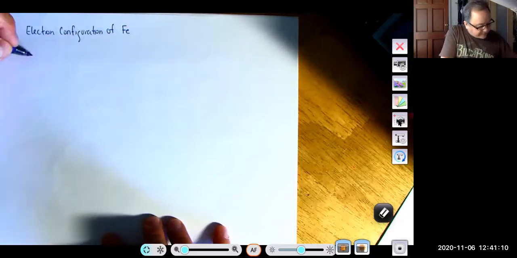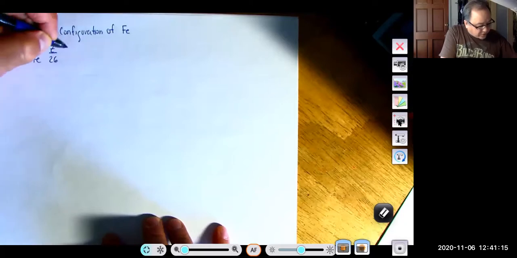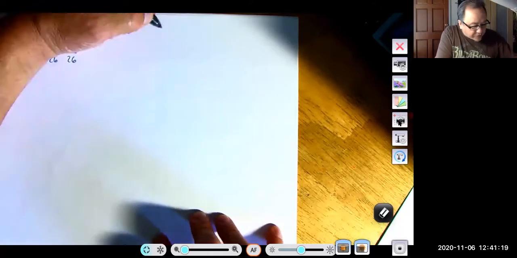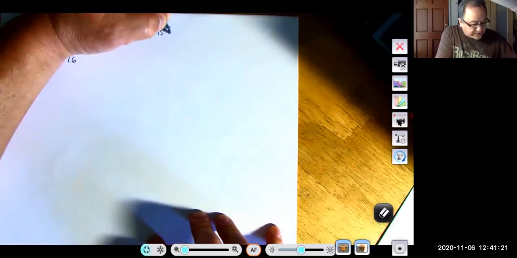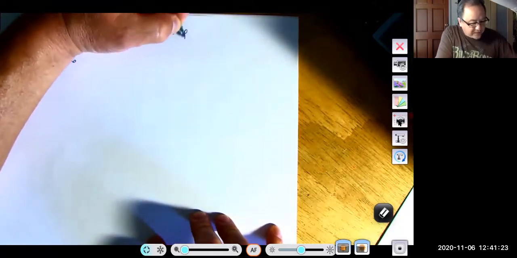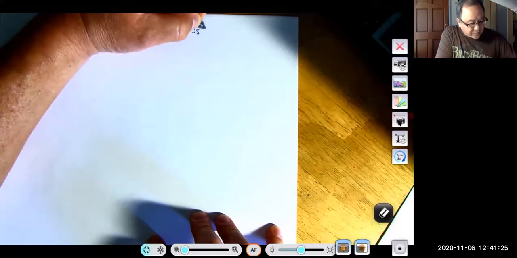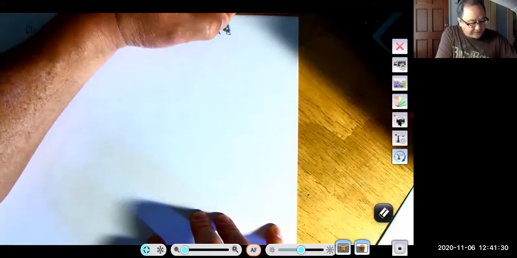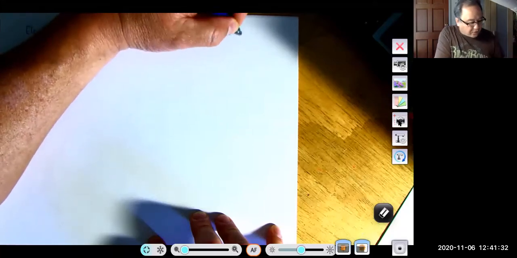So iron has a Z of 26, so it has 26 electrons. And we know that the order is 1s, 2s, 2p, 3s, 3p, 3d, 4s, 4p, and so forth.